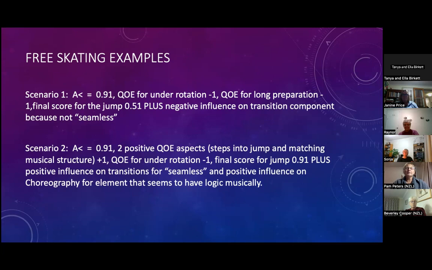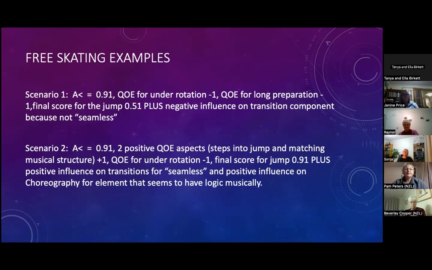The final score for the jump for this young skater becomes 0.51. So -1 and -1 is -2 as a QoE, and if you look at the jump tables in the rule books, the values table, it will show you that you take 0.4 off, so it becomes 0.51. However, there is also a negative influence on the transition component because it's not seamless into the jump.